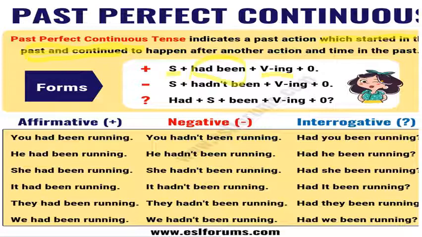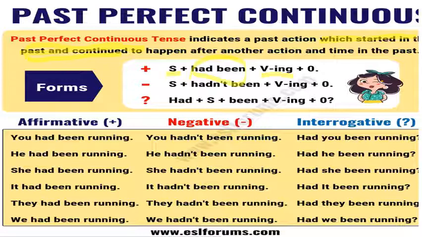Then another action interrupted that past event. So we've got two actions, both of them in the past, similar to the past perfect simple. However, the first action continued for a while and it was interrupted by the other action which is also in the past.